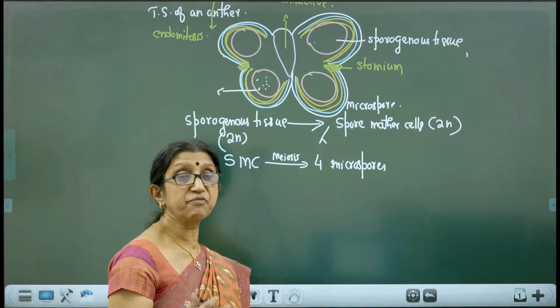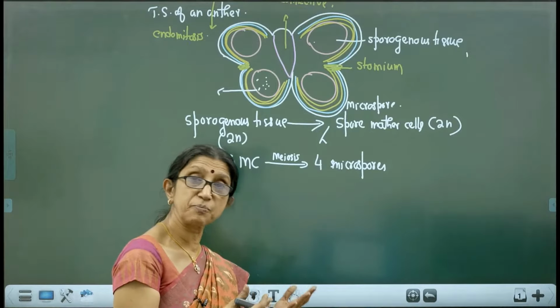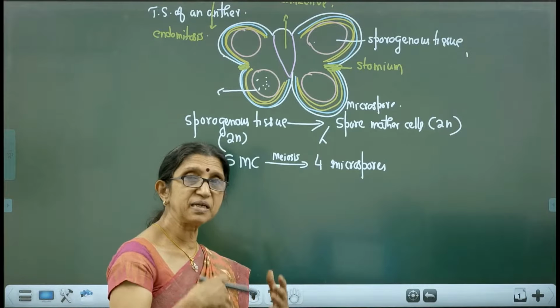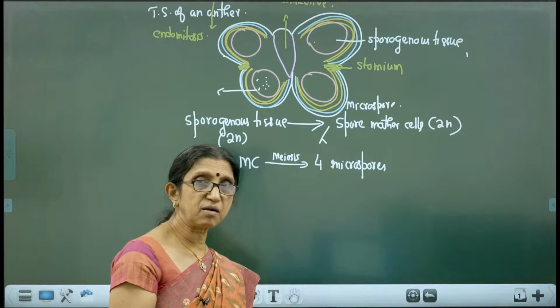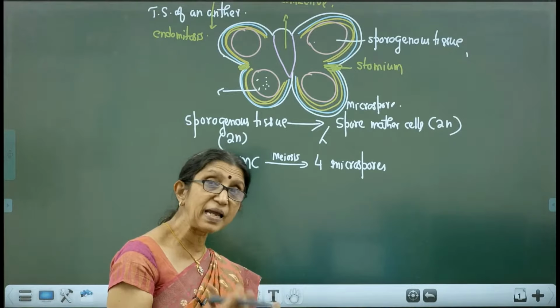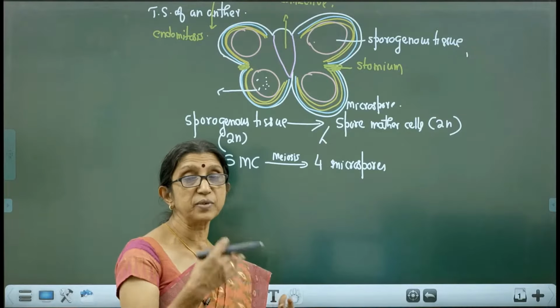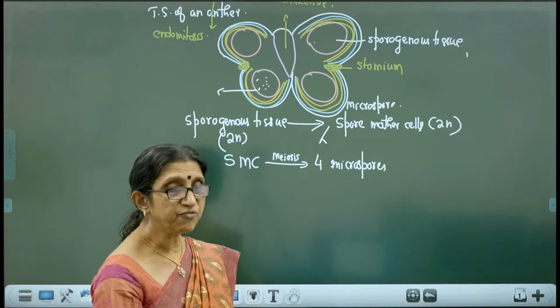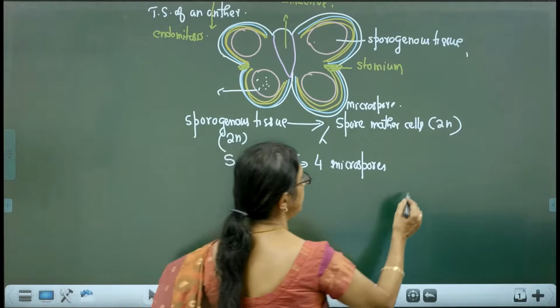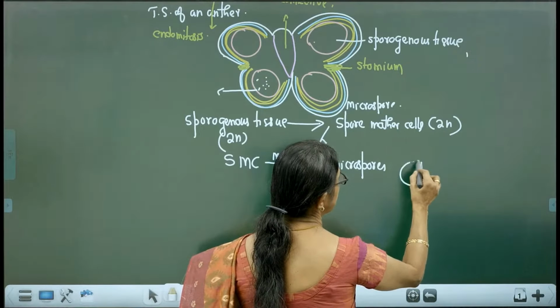The resulting microspores get arranged variously. We can see different types of microspore tetrads. It may be linear, T-shaped, inverted T-shaped, tetrahedral, isobilateral, and decussate. So different types of microspore tetrads we can see in the anther. Of that, the most common one is called isobilateral.